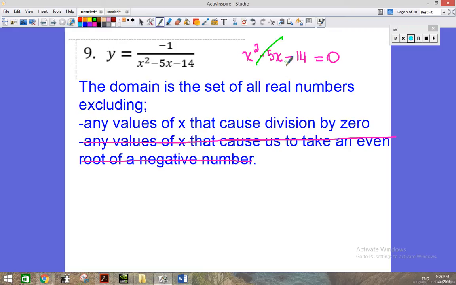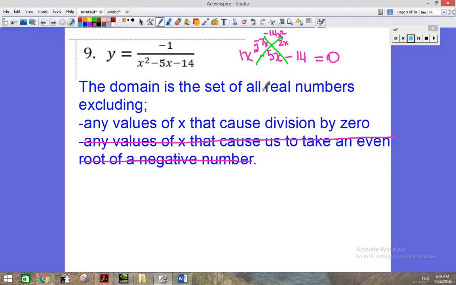If we do our x method, two values, let's multiply the first term and the last term, and we get negative 14x squared, and negative 7x times 2x gives me negative 14x squared, but negative 7x plus 2x gives me negative 5x.